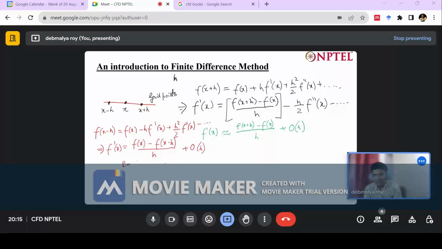That's why the name sticks. Backward difference is basically, if I have a point, let's say i, then I take the difference with reference to i minus 1, the previous point. And this is the forward difference.